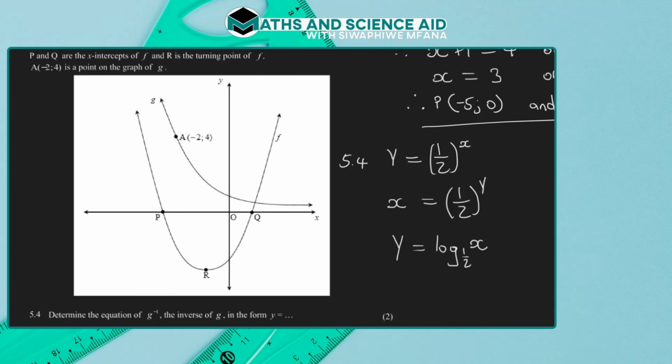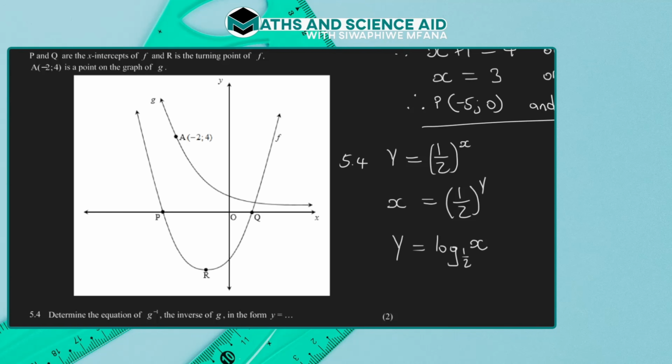Here's a trick that you can use to do this. The fundamental thing about the inverse of a function is that you interchange x and y. So in the coordinates of that particular function, the values of x become the values of y in the inverse, and the values of y become the values of x.